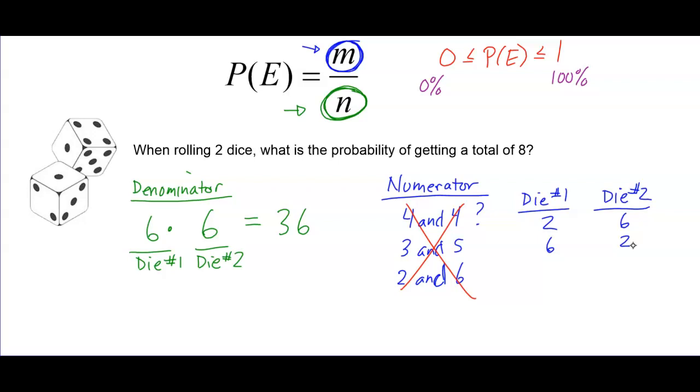You get the same thing with the 3 and the 5. 5 and 3 is technically a different possibility because it's a different die coming up with 3 and a different die coming up with 5. Now, 4 and 4 only has one possibility because if you switch them around, it's the exact same results. So there are actually 5 different results that would give you a total of 8. So the probability here would have a numerator of 5 and a denominator of 36.